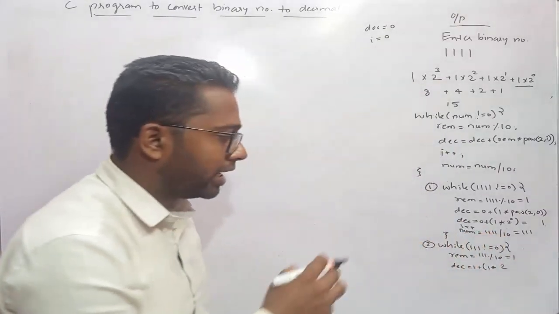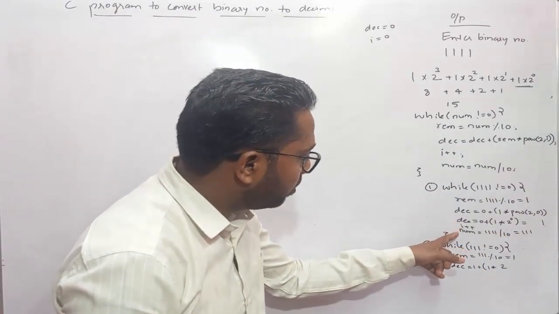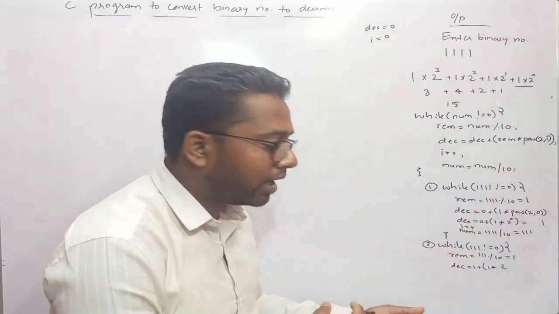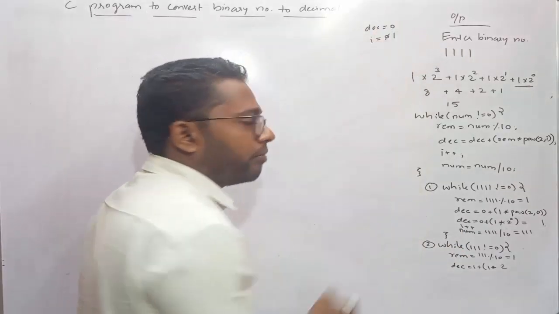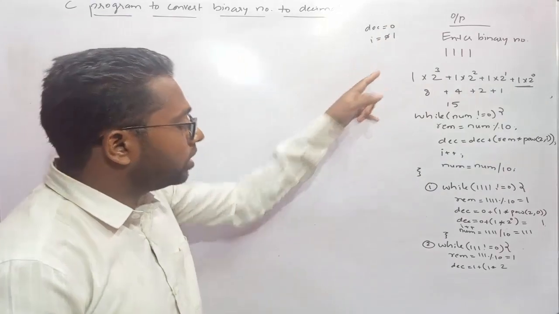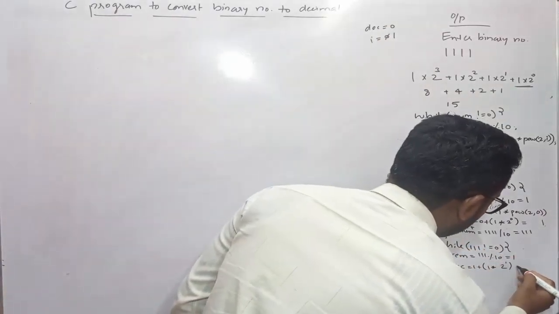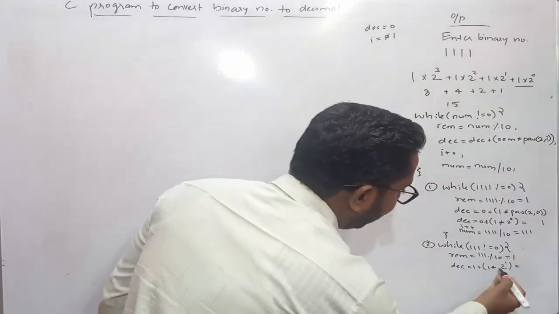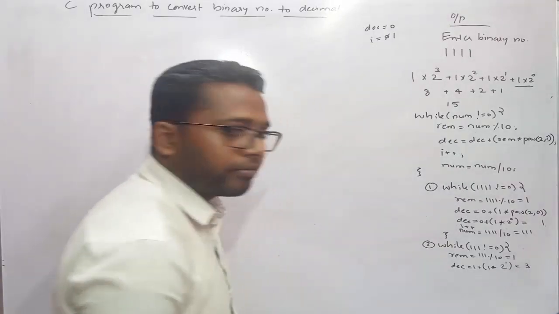Okay, in the first iteration, after finding the value of decimal, we need to increment the value of I by 1, so I becomes 1. That value of I, which is 1, we need to use here: 2 raised to 1. Now 2 into 1 is 2, plus 1, we got 3.